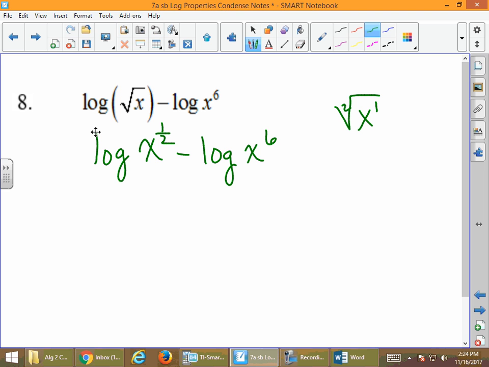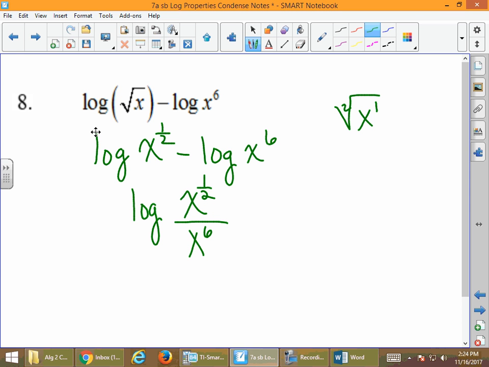And once again, our goal is to condense, to rewrite this so that we only have one logarithm or less in the problem. Well, we have a minus sign. Minus says that we can condense here by division. We've seen it in the last few problems.